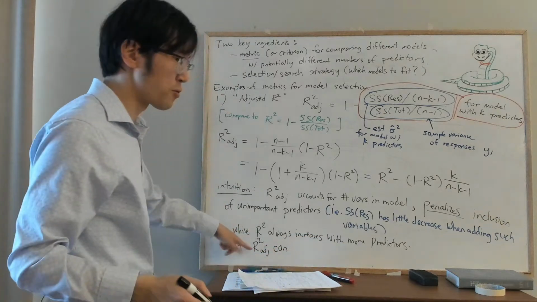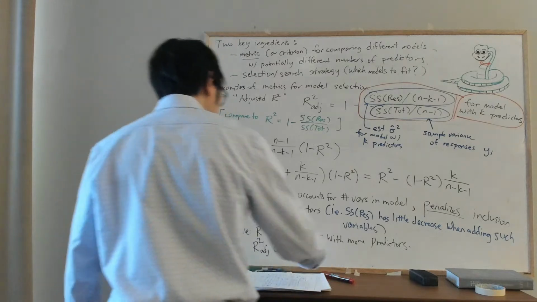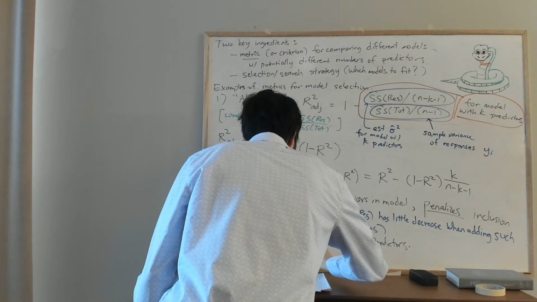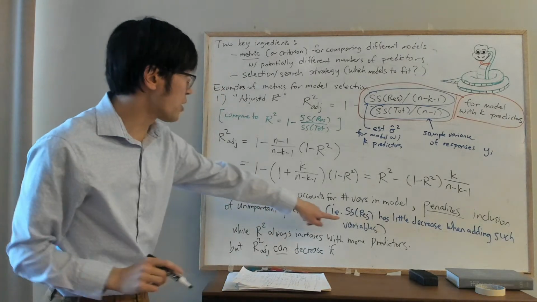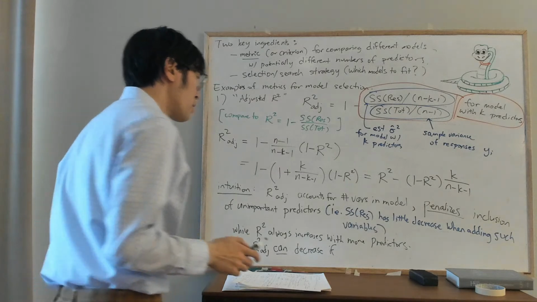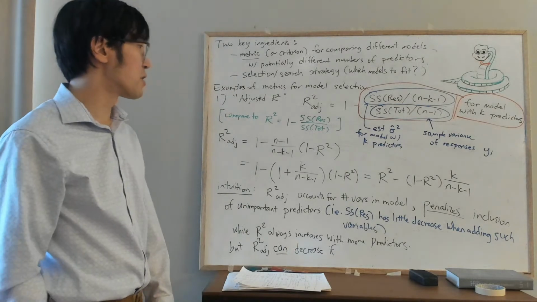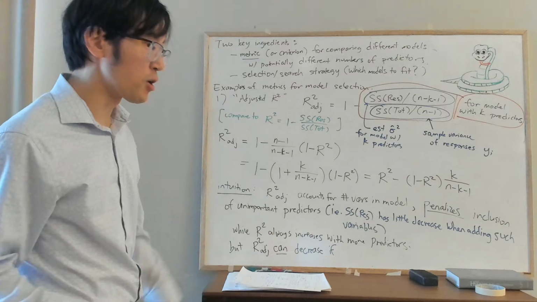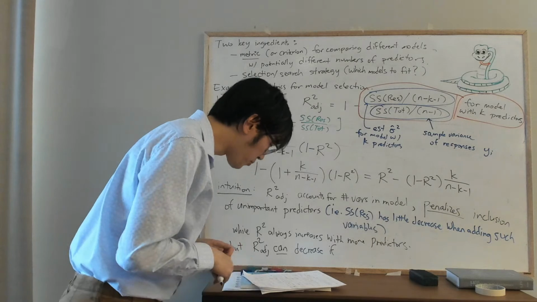If of course you're throwing in important predictors, then r squared adjusted will increase, but it will decrease in certain circumstances. It can decrease if the change in the sum of squares residual doesn't really change, in the sense that throwing in the additional predictor doesn't really reduce the residual variability, or in other words, it doesn't really impact the response.